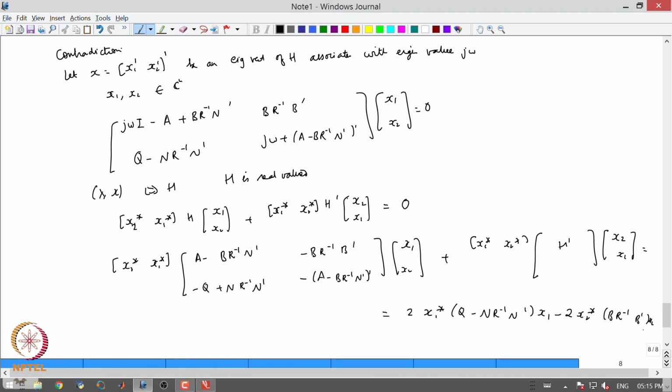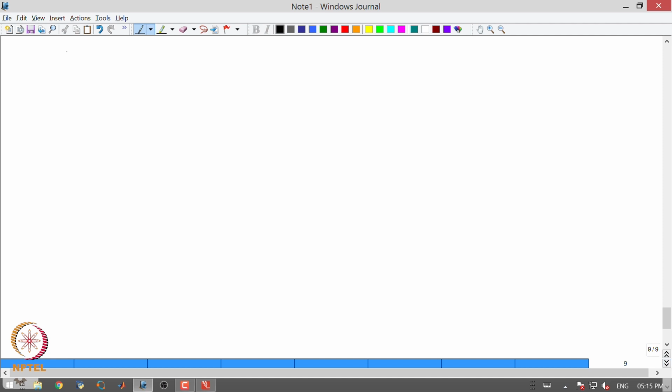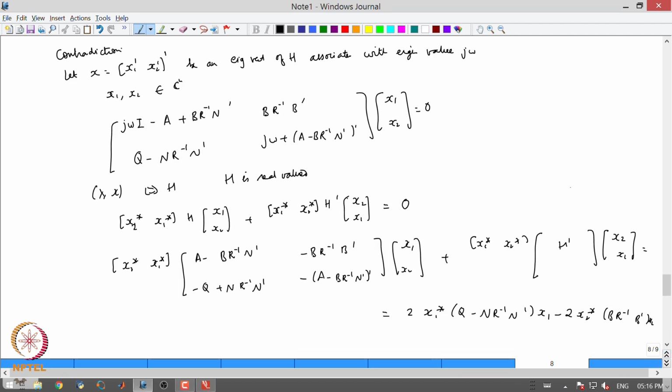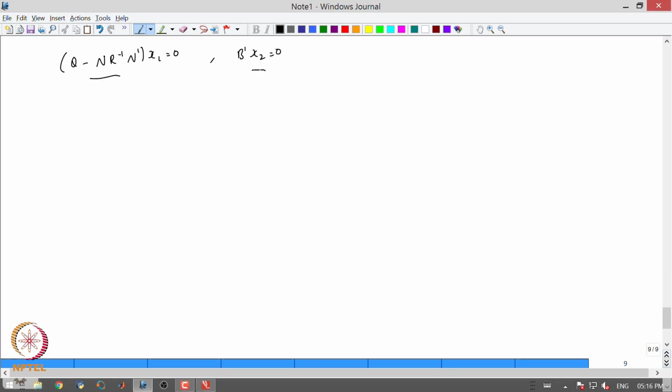If this is equal to 0, what do we conclude? If this should be equal to 0, then (Q minus n R inverse n transpose) x1 should be equal to 0, and also B prime x2 should be equal to 0. Okay, we know that R inverse is always greater than 0, and therefore, the only possibilities are these two, 1 and 2.